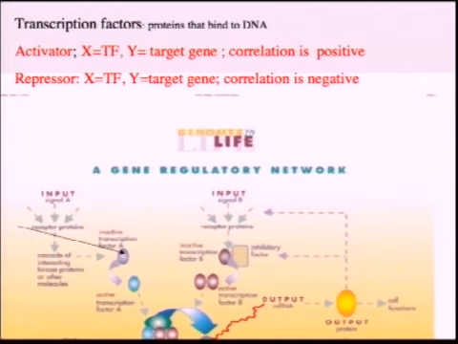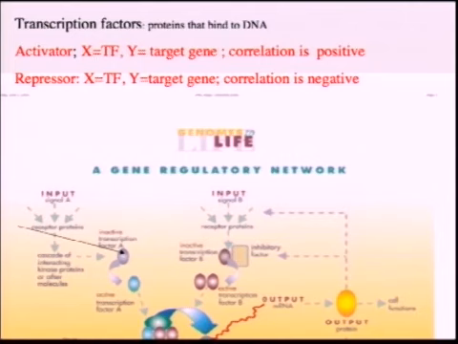So if you think that a transcription factor is an activator, and X is the protein-level expression of the factor, and Y is the target gene, then if it's an activator, you would expect a positive correlation. If it's a repressor, then the correlation will be negative.